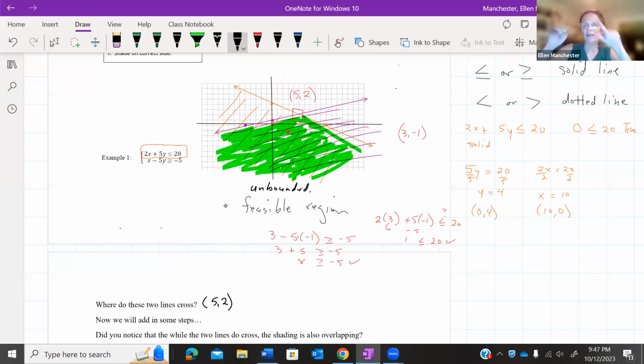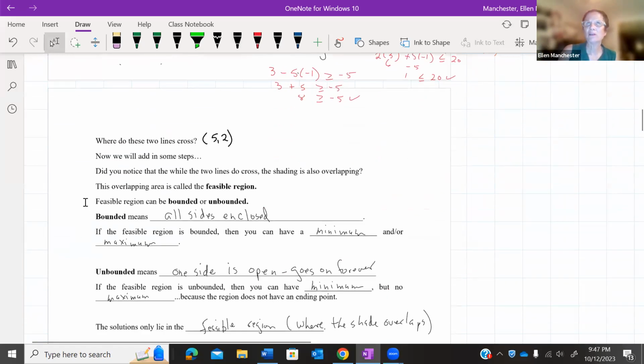Bounded means that there's like a fence around everything. There's a line, or the restrictions are there. So it's completely surrounded with boundaries, if you will. The reason why that's important is because if you have a bounded region, completely surrounded, then you can have a minimum and a maximum.